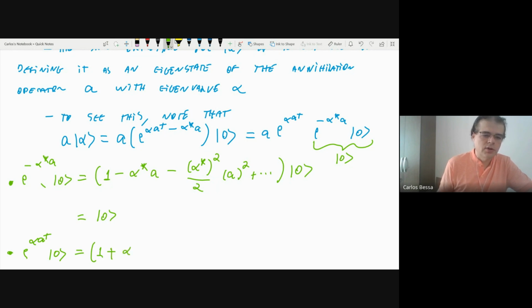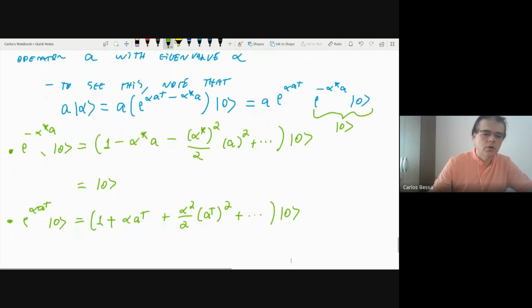So 1 plus alpha A dagger plus alpha squared over 2 A dagger squared plus the other terms, applied to 0. Here the thing will be different. The first term is 0.